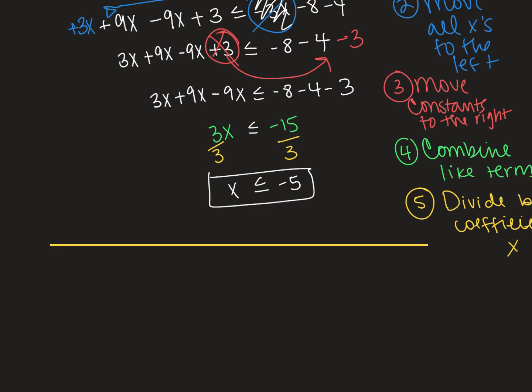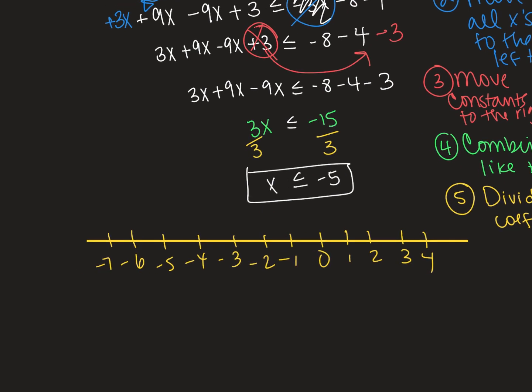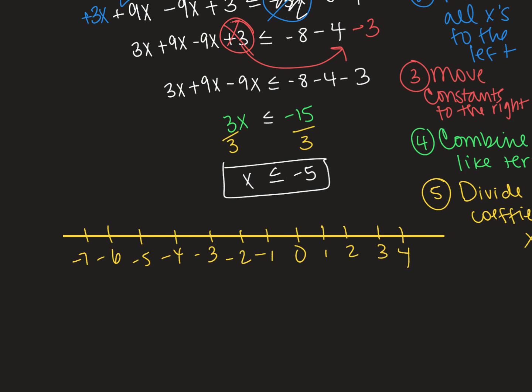My number line doesn't have any numbers, so I'm going to have to go and label it. I'm going to put 0 right here, negative 1, negative 2, negative 3, negative 4, negative 5, negative 6, negative 7, 1, 2, 3, 4. Because it's a less than or equal to, I need to use a solid circle. And I'm going to place a solid circle at negative 5.